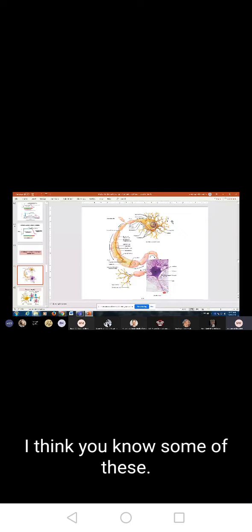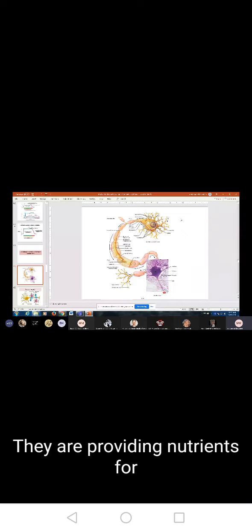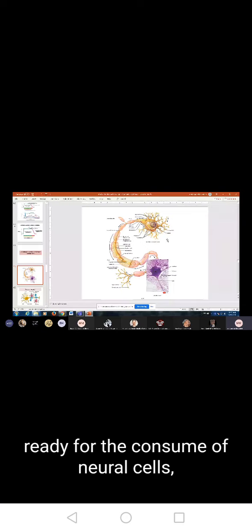Okay, so we have many functions for these supportive cells. We will not go through these functions, but generally, I think you know some of these. They are providing nutrients for the neural cells, for example, ready for consumption by neural cells.